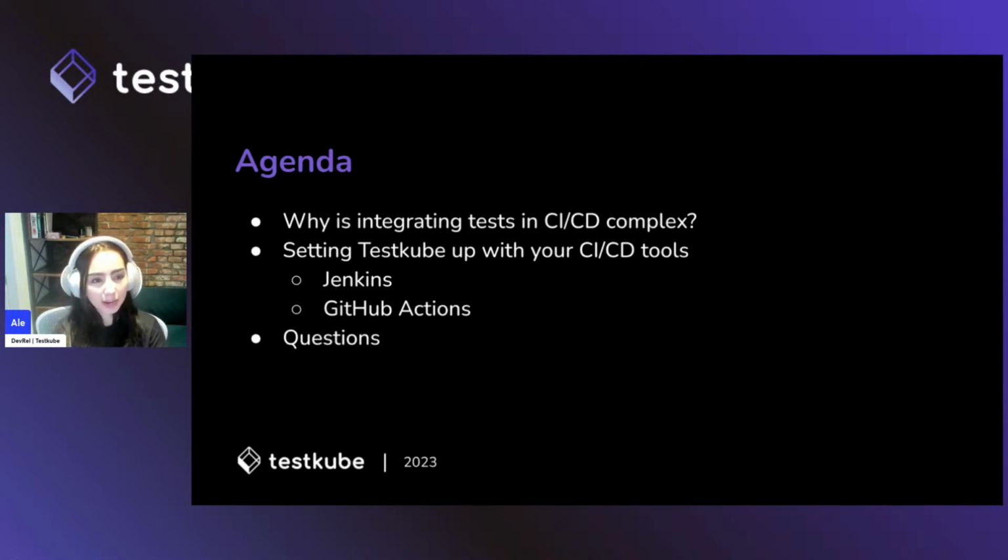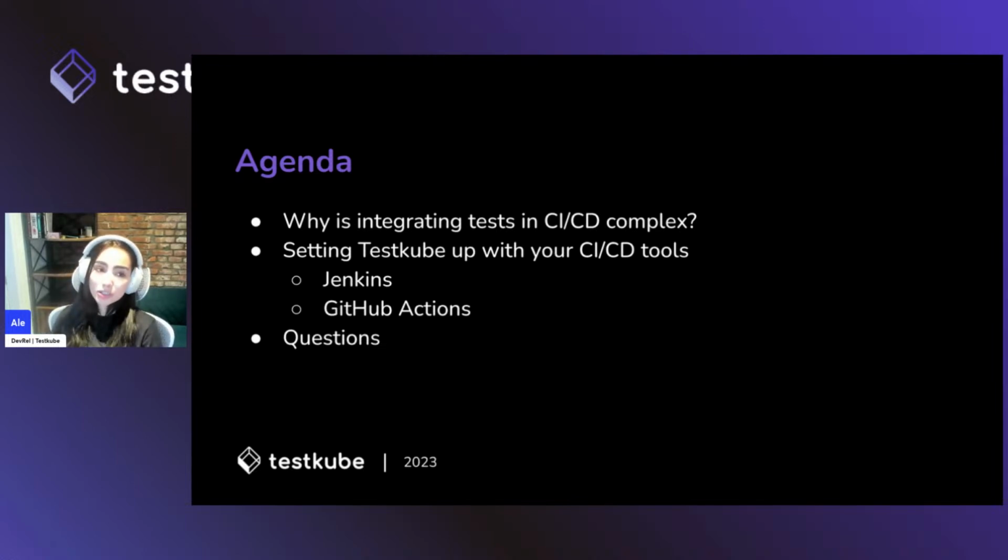Then we'll talk about how to set up Testkube with your CI/CD tools. And we're going to go over a few examples and demo them so that we see them live. But just to summarize real quick, you can set up Testkube with any CI/CD tool that you're currently using.